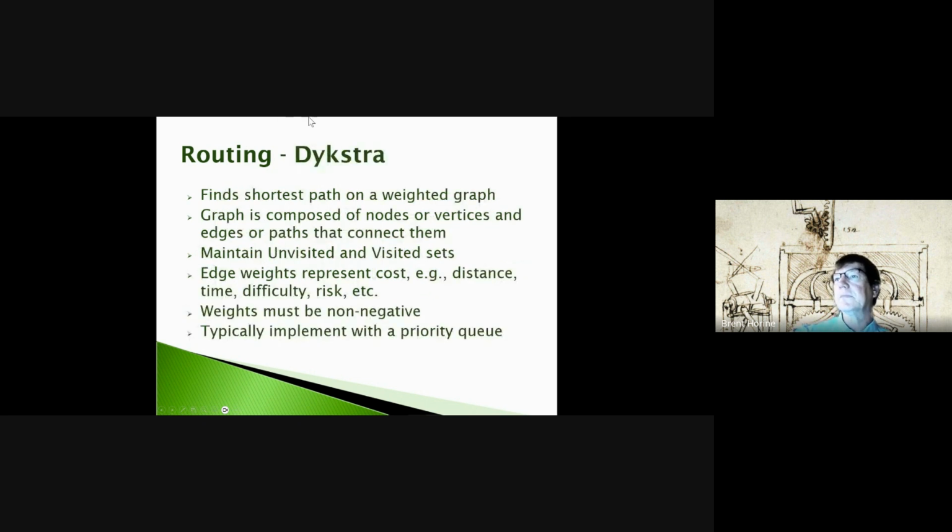So Dijkstra, again, as I said, finds the shortest path on a weighted graph. A graph is composed of nodes or vertices, and edges or paths that connect them. And we're going to maintain unvisited and visited sets. Sometimes these are called open and closed for various reasons. Edge weights represent the cost, for example distance, time, difficulty, risk, whatever. Weights must be non-negative, right?